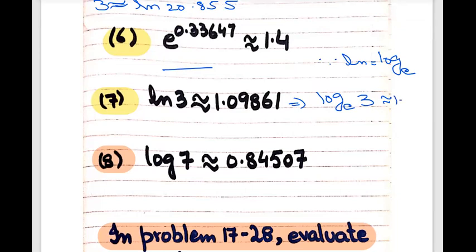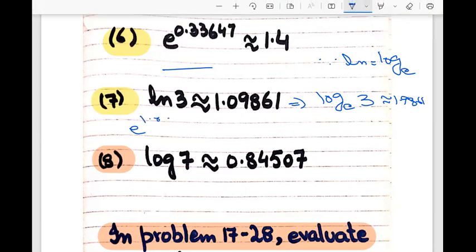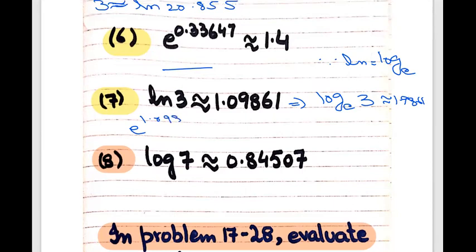This will be equal to 1.09861. So converting it into exponential form, this will be equal to base. The solution of the logarithmic function is the power of the exponential function. So this will be placed over here. e to the power 1.09861 is approximately equal to 3. So this is the solution.